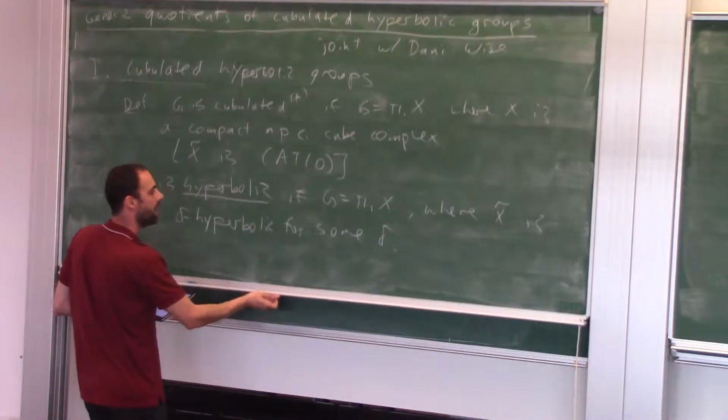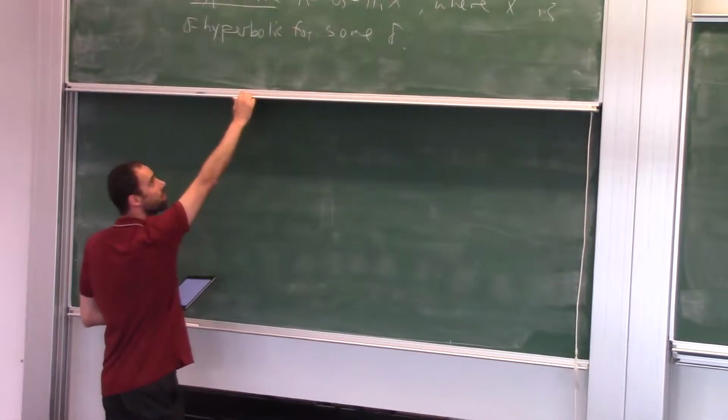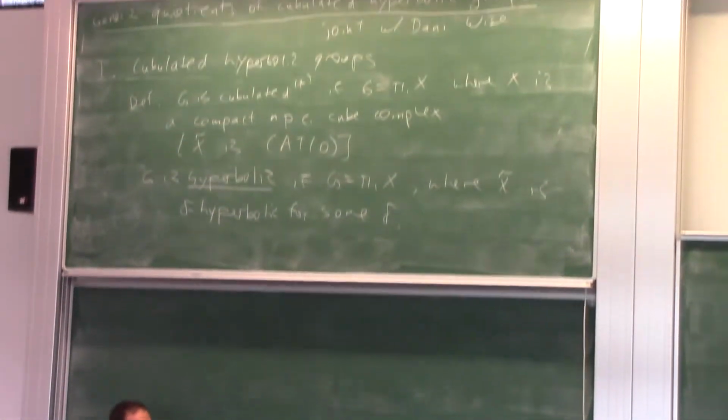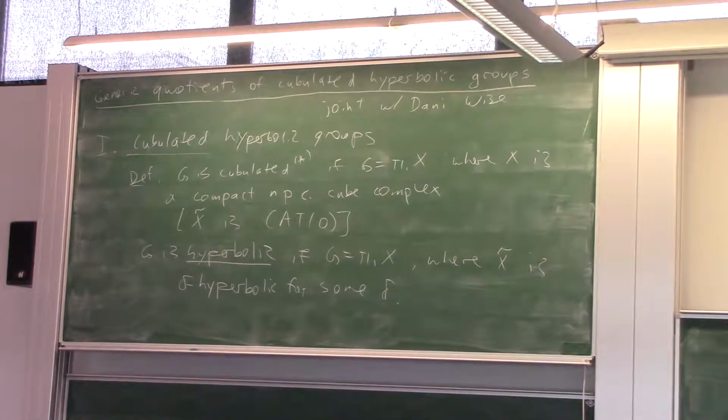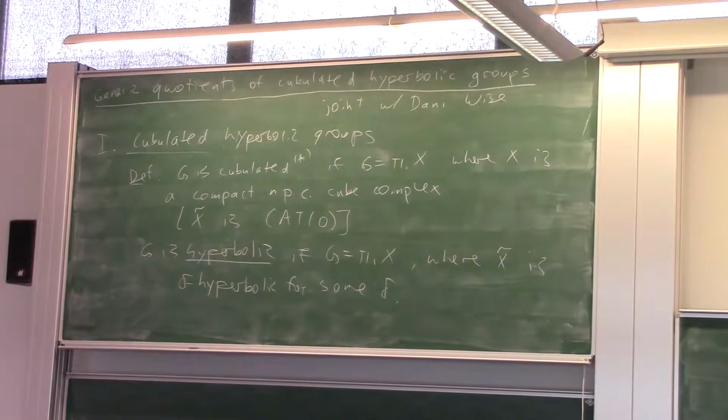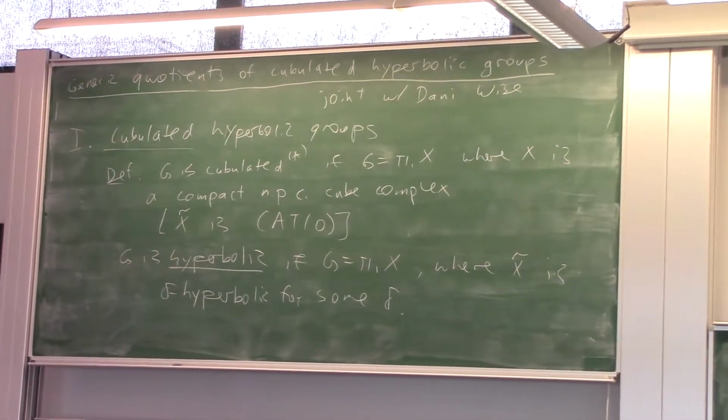Okay. And as we also heard in Jason's talk, when you put those two hypotheses together, cubulated and hyperbolic, you get some extremely nice consequences. So let me list a couple by way of a survey.